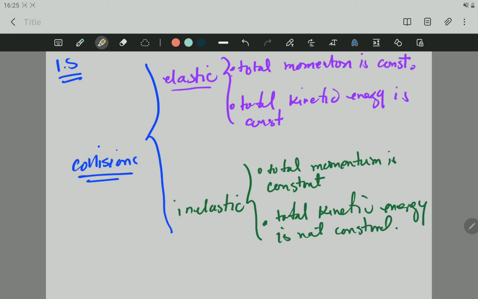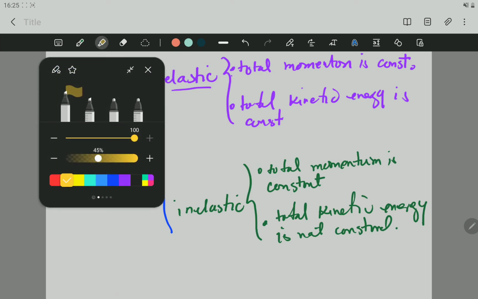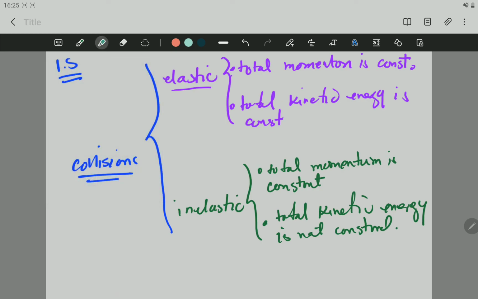So, what is the difference between the two collisions? In one of them, the total kinetic energy is constant. In the other one, the total kinetic energy is not constant, it's not conserved.